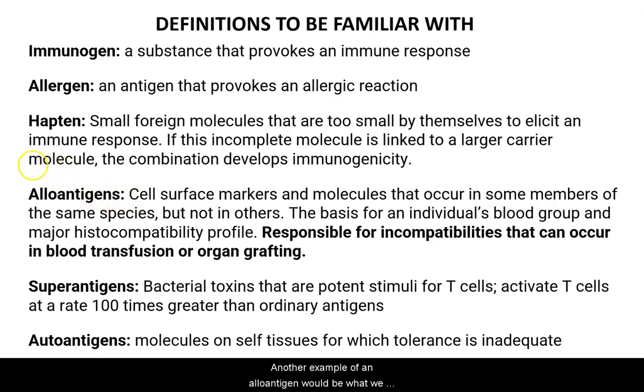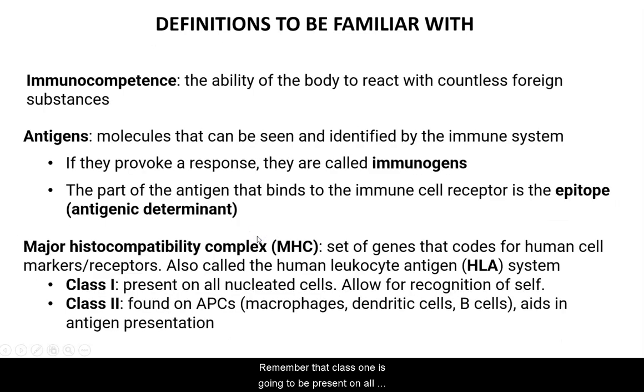Another example of an alloantigen would be what we just talked about with the major histocompatibility profile. Remember that class 1 is going to be present on all nucleated cells. So the vast majority of body cells are going to have class 1 MHC molecules on them. And these differ slightly from person to person.